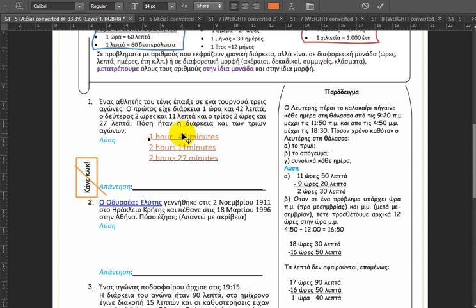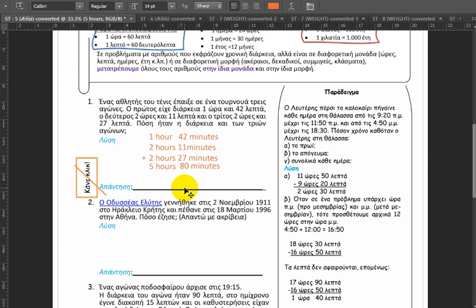And we're going to add all of this up. So let's start with the minutes. 42 and 11 would give me 53, and another 27 would give me 80 minutes. And then the hours are 1 and 2 and 2, which makes 5 hours.